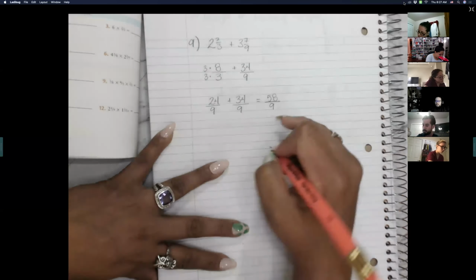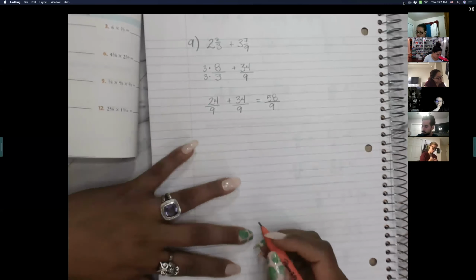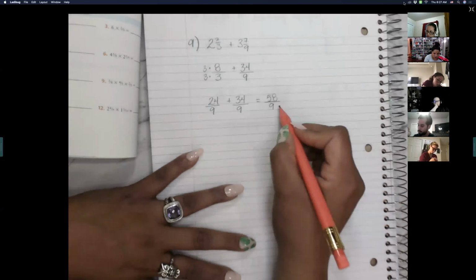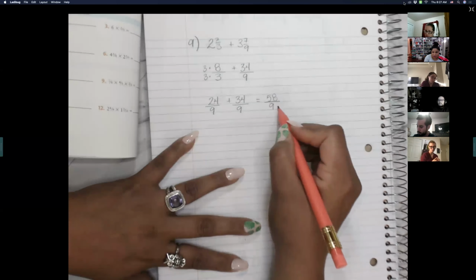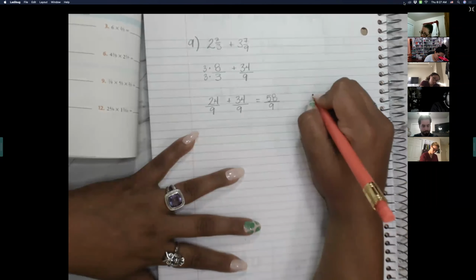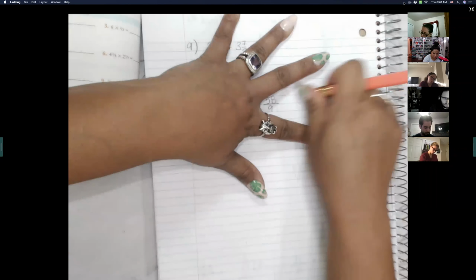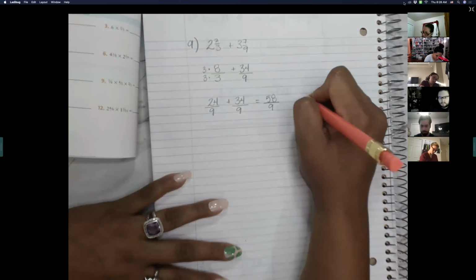And this is my improper fraction. I don't believe we can reduce this. So let's take this improper fraction and change it into a mixed number. So 58 divided by 9.